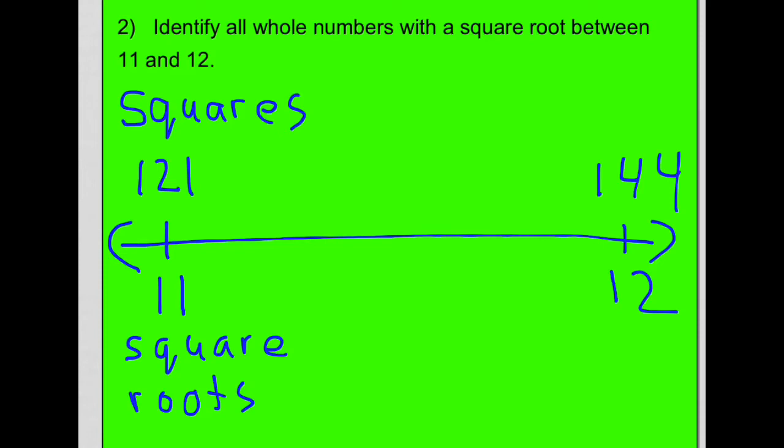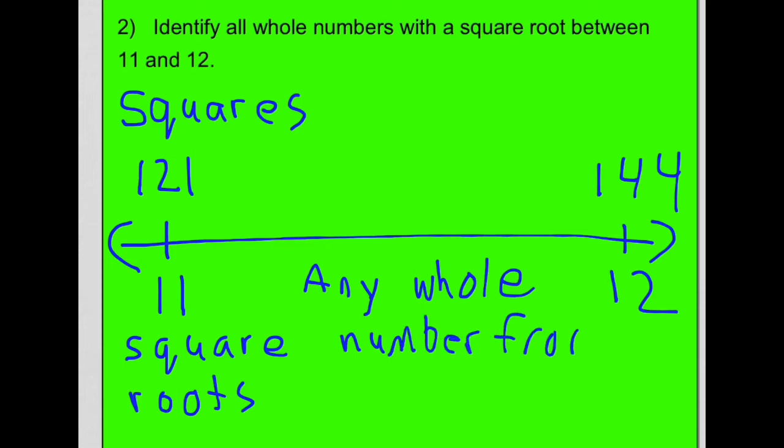So the answer here again, if you're looking for all of the whole numbers that have a square root between 11 and 12, the answer would be any whole number, because we're only looking for whole numbers, from 122, because we wouldn't use 121 because that has a square root of exactly 11.